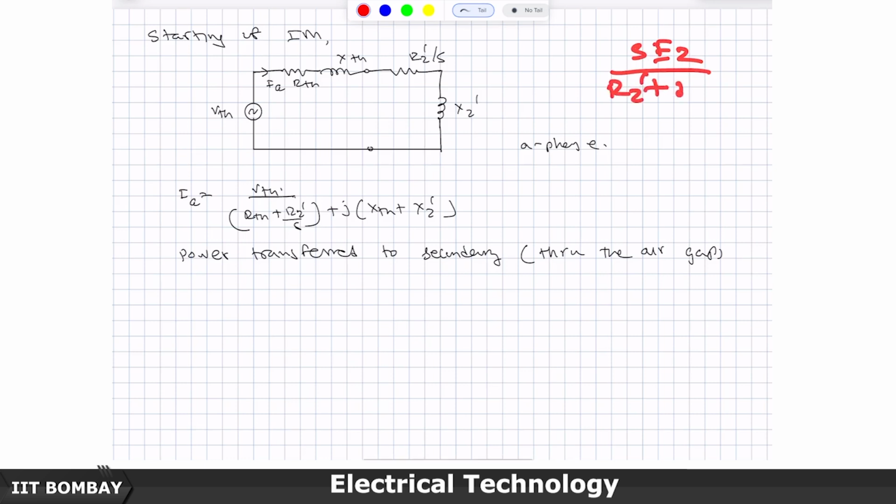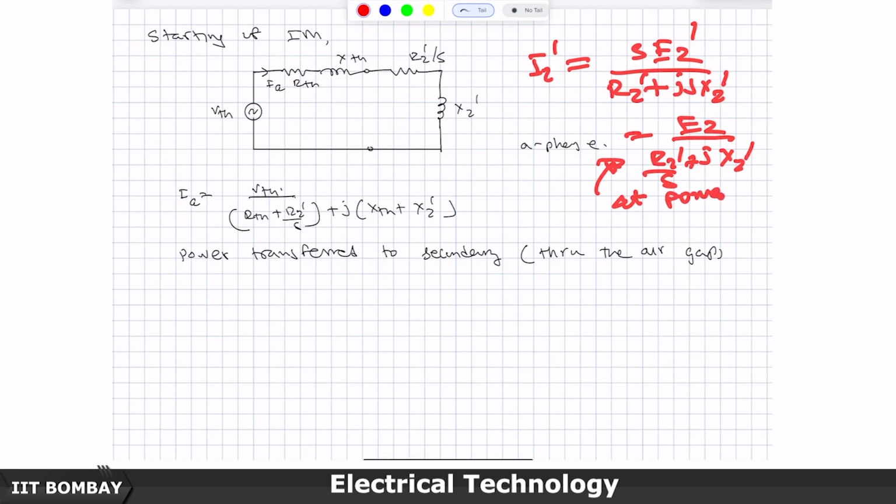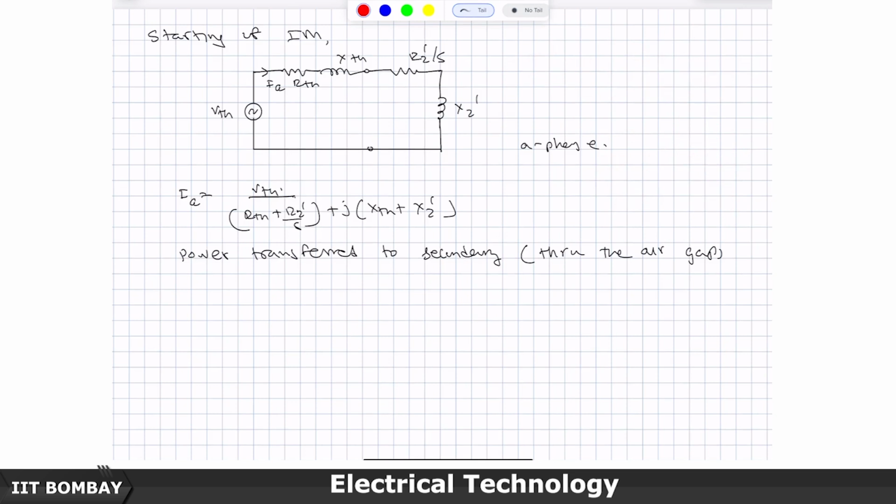This is the current which is associated with I2 dash, but it will be transferred to the stator side, and it will not be at slip frequency, but at power frequency which is 50 hertz or 60 hertz. But in the actual rotor it is still at slip frequency.